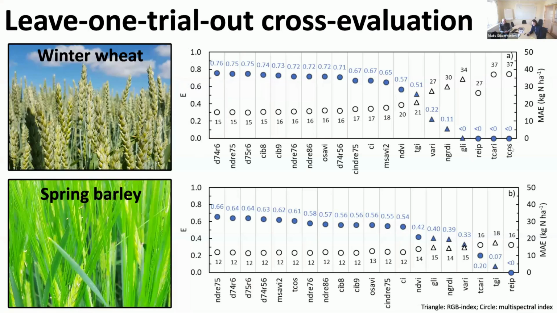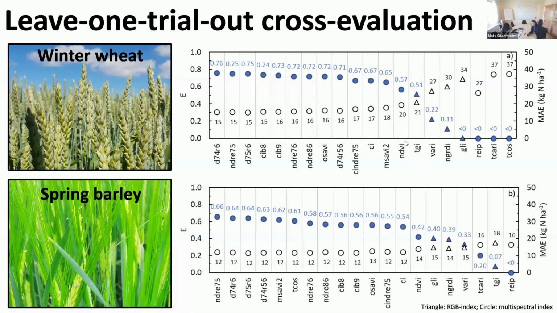Here are the different vegetation indices we saw in the previous table. The triangular symbols are RGB indices, and the circular symbols are the multispectral indices. So we can note a few things here. For example, the RGB indices performed less well than the multispectral indices.